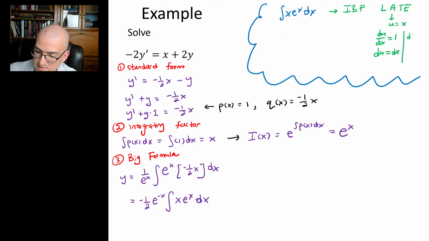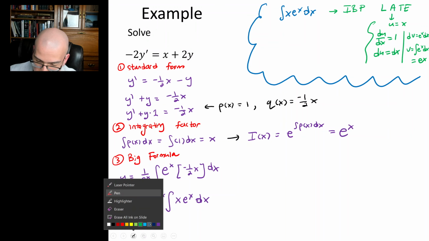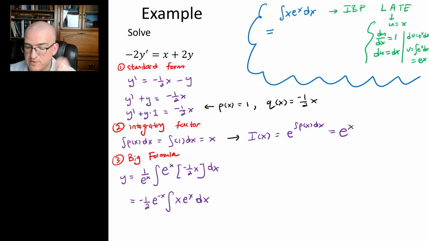dv is equal to e to the x dx. So v is going to be the integral of e to the x dx, which is just e to the x. So we'll plug all that into our IBP formula. Integration by parts says if we're integrating u dv, we'll get uv minus the integral of v du.